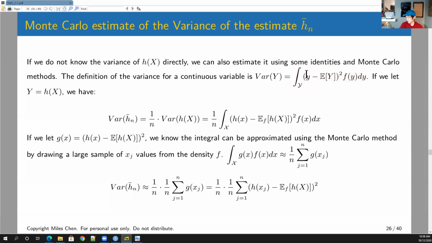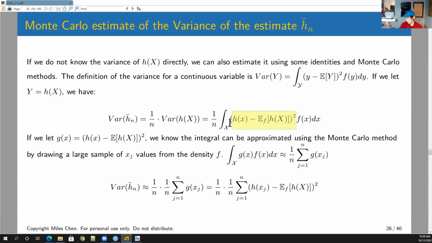Okay, so if we have that, if y is going to be h of x, then the variance of this, which on the previous slide we established is 1 over n times the variance of h of x, we're going to replace the variance of h of x, and we're going to allow y to be h of x. This becomes h of x minus the expected value of h of x.